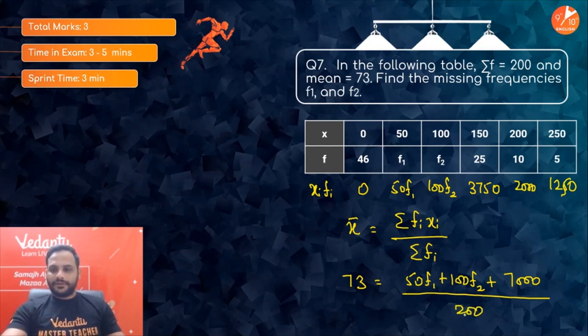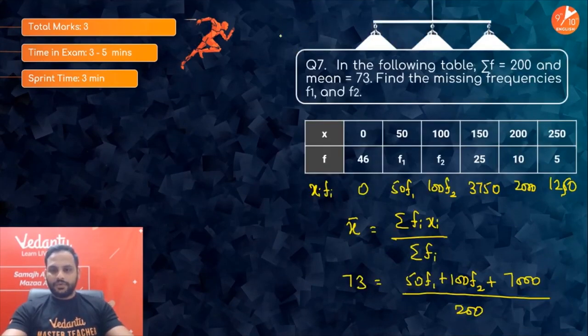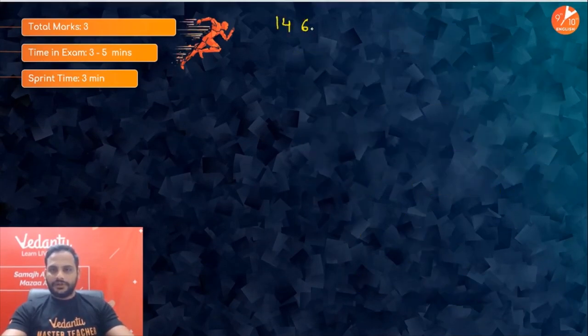Alright, if I solve this part over here, 73 into 2, I'll be getting 73 into 2 is 146. So 50 f1 plus 100 f2 plus 7000 equals 14,600.